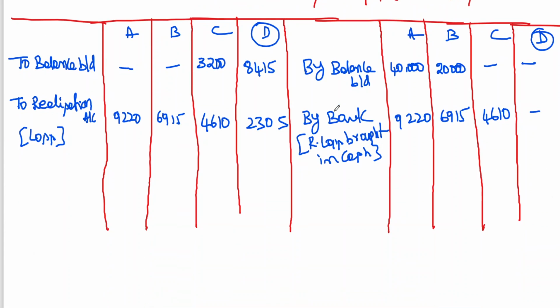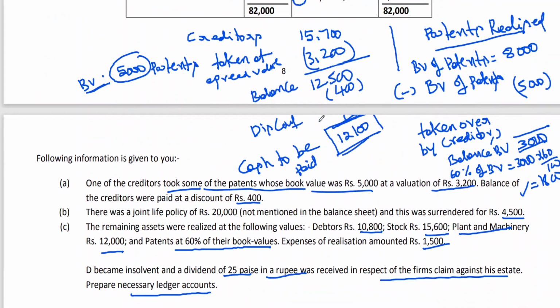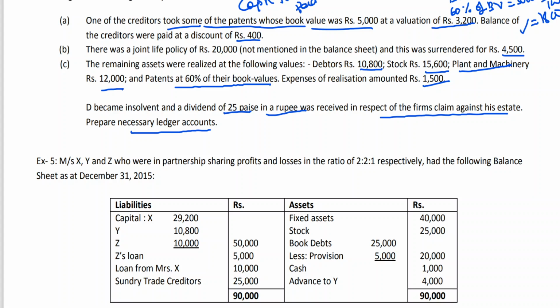Now, finally, we can close which account? D's capital account. D: 8,415 plus 2,305. This is Garner versus Murray case, rule number 1. Okay. So 10,720. He is supposed to bring 10,720, but he is able to bring only 25%. Given that 25 paise in the rupee, he is able to bring.